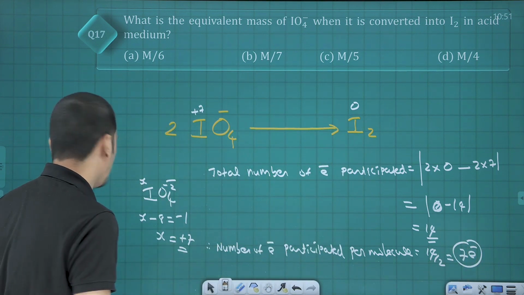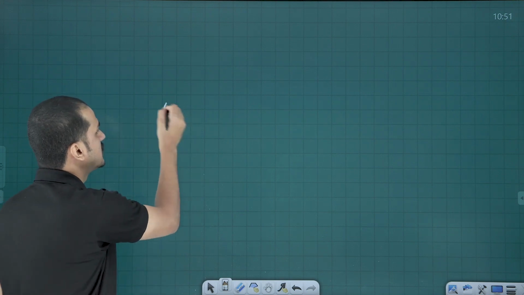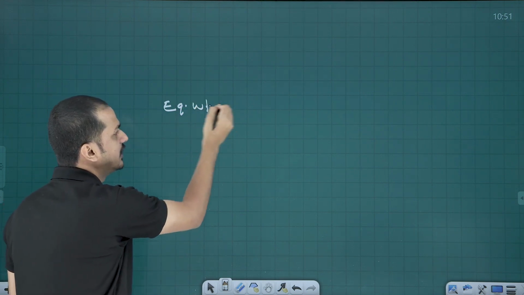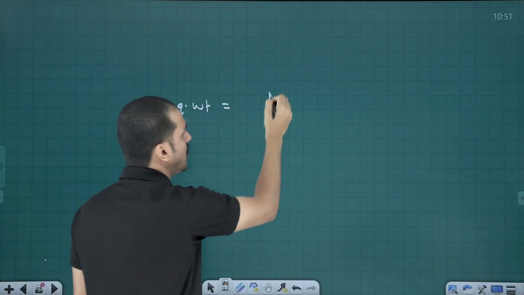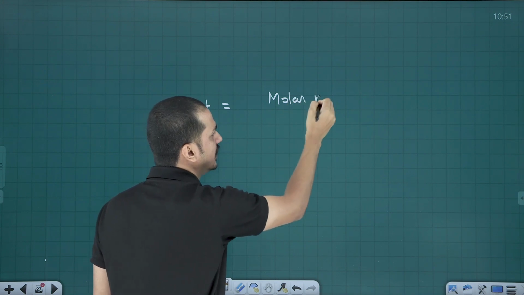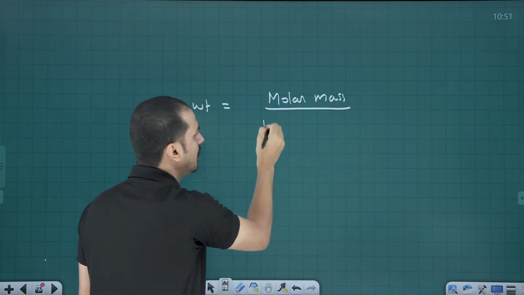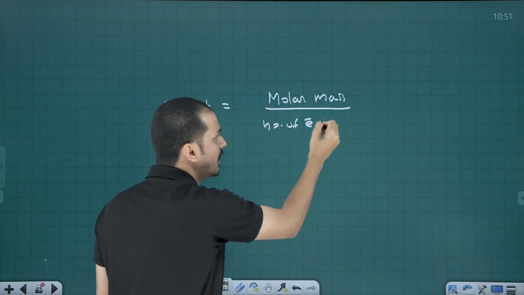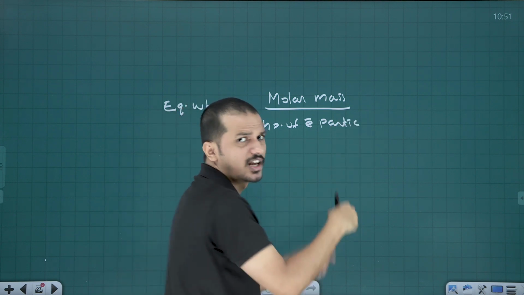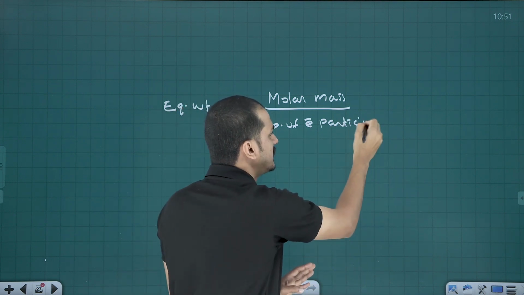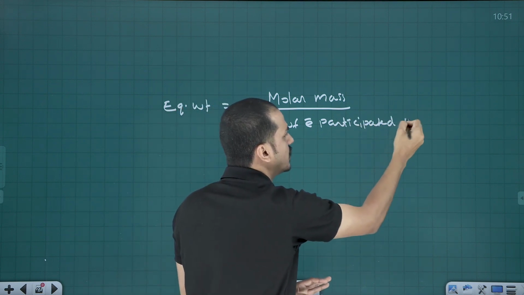And now I can tell what? Equivalent weight is equal to molar mass divided by the number of electrons participated, that means either lost or gained, per molecule.